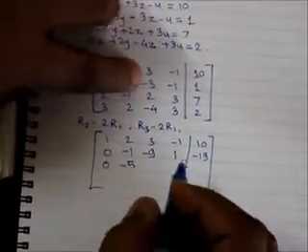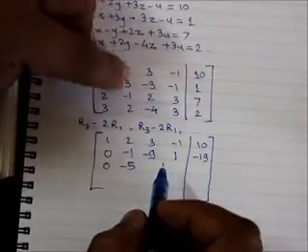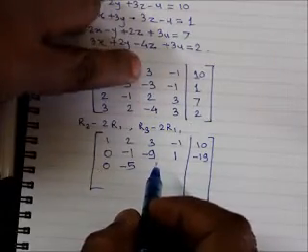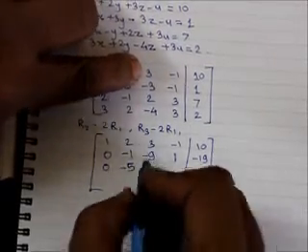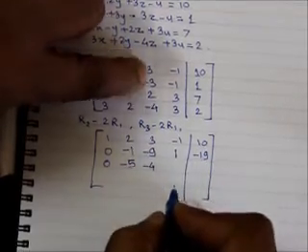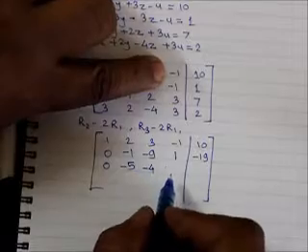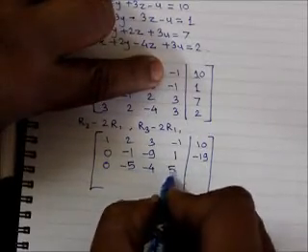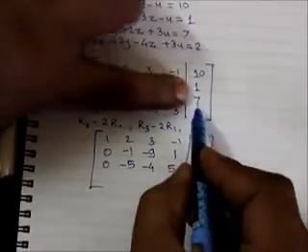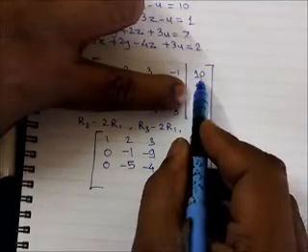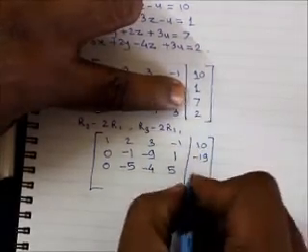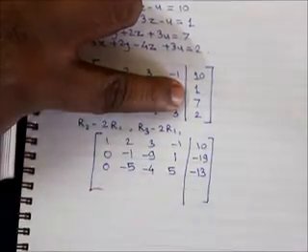Next is 2 minus 3 into 2, so 2 minus 6, that gives you a minus 4. 3 minus 2 into minus 1, so 3 minus minus 2, 3 plus 2, that gives you a 5. And finally 7 minus 10 into 2, 7 minus 20, that gives you a minus 13 here.